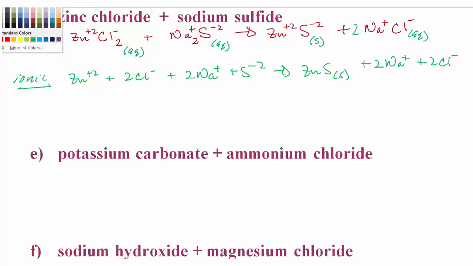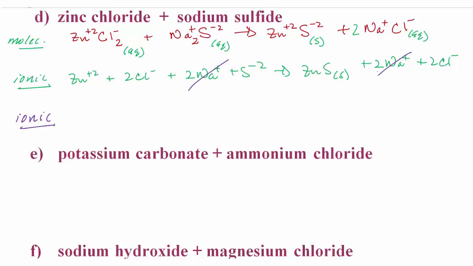Okay, let's cancel what we can to write the ionic. Sodium ions and my chloride anions. So I'm left with zinc, and sulfide forms zinc sulfide solid.